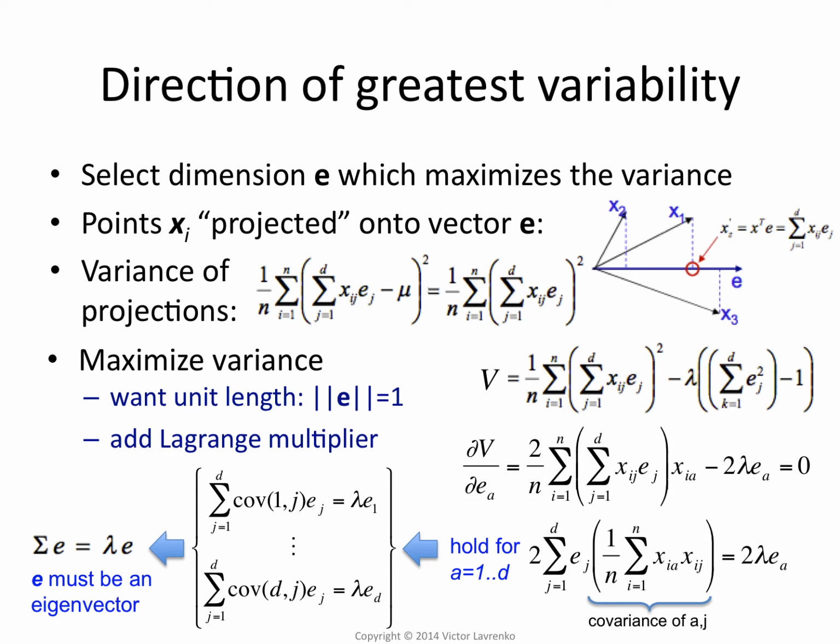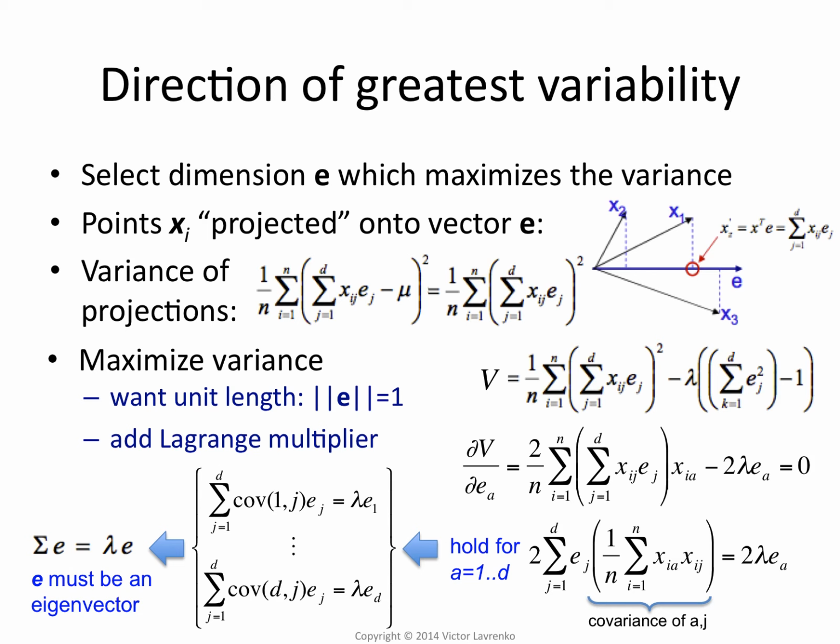What does that mean? This means that E must be an eigenvector. Remember, we didn't start by saying that E is an eigenvector. Here we said let's look for any vector E that maximizes the variance.